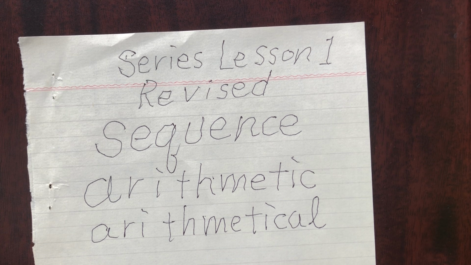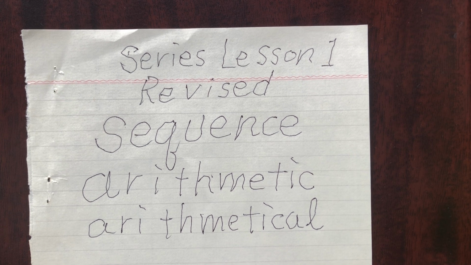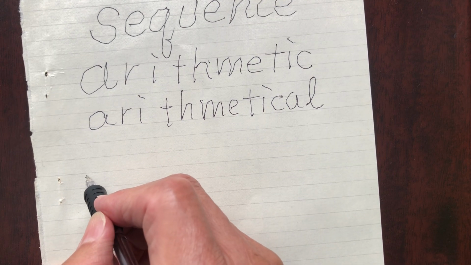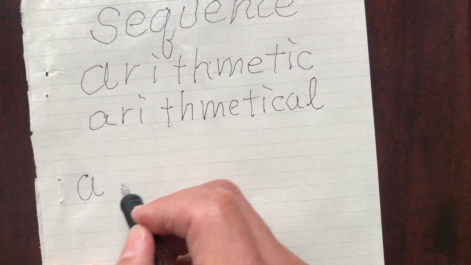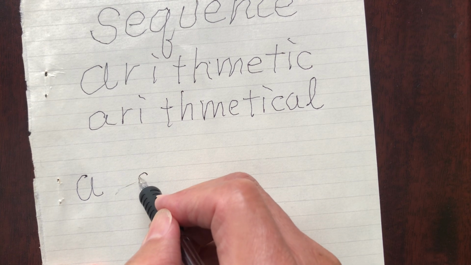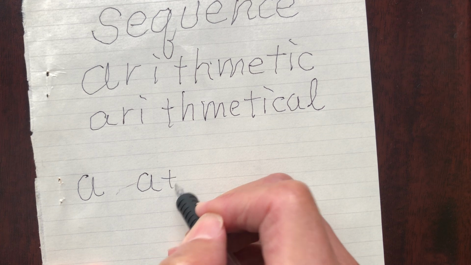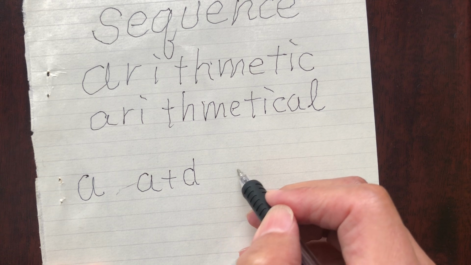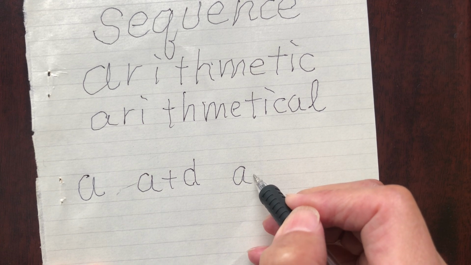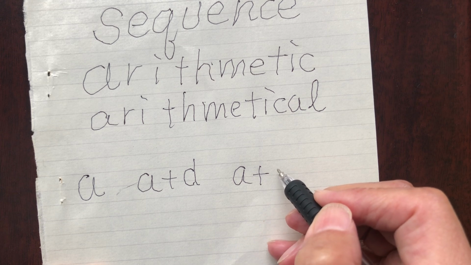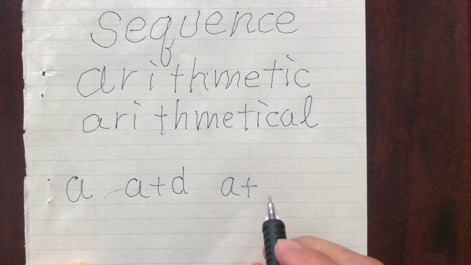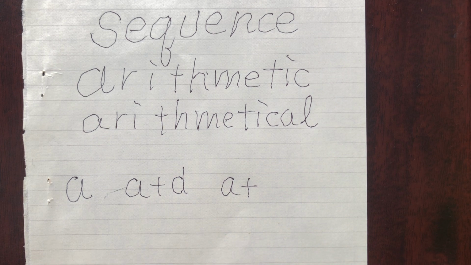What is arithmetic sequence? It has the following form. I call the first term A, and then the next term is A plus D. D is a constant. And the next term is A plus D again, plus D. Every time you add D to the previous term.